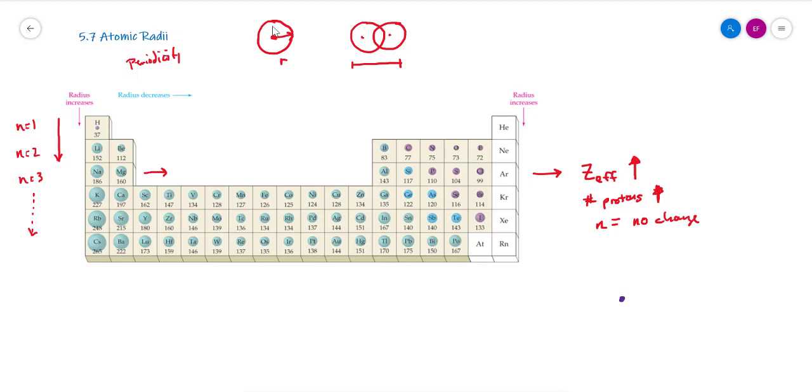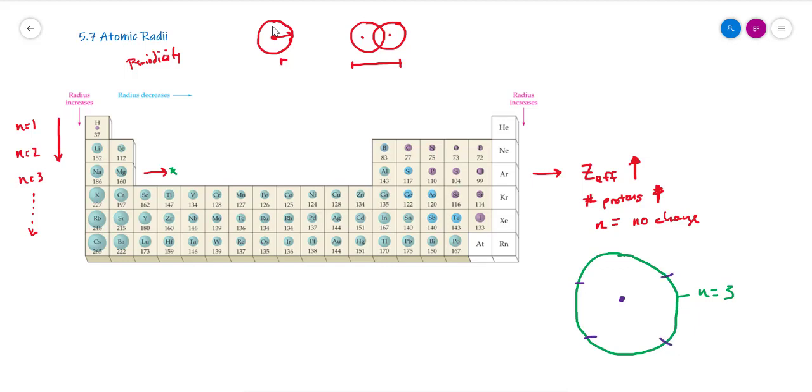If we've got the nucleus, which may be this purple dot in the center, and we've got all of our electrons in one shell, we'll say this is maybe n equals 3, so we got some electrons that are out here in this shell.